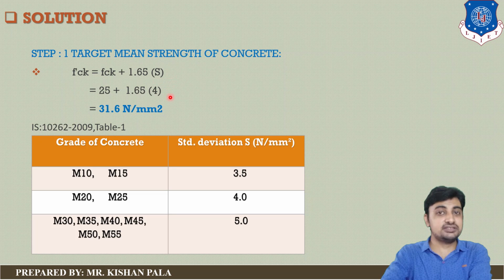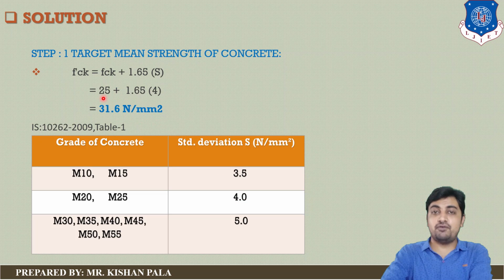So standard deviation is based on the grade of the concrete mass. This value you can refer in table number 1 of IS 10262-2009, and for the M25 grade of the concrete mass, you have to take 4 Newton per mm square for the standard deviation.